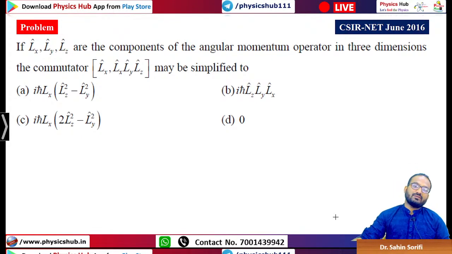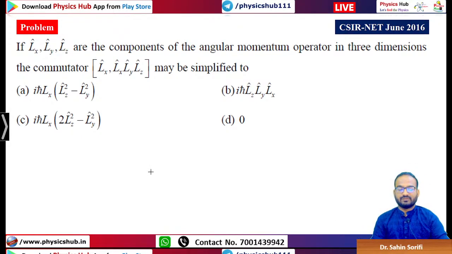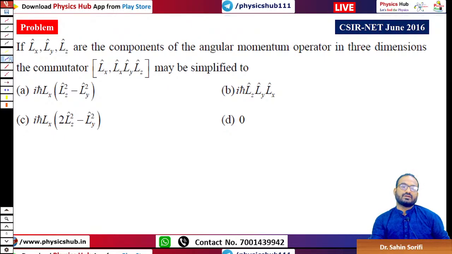If Lx, Ly, Lz are the components of the angular momentum operator in 3 dimensions, the commutator [Lx, LyLz] may be simplified to what? Do it quickly.